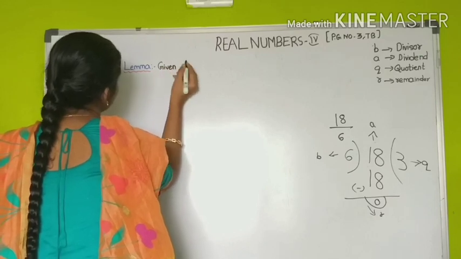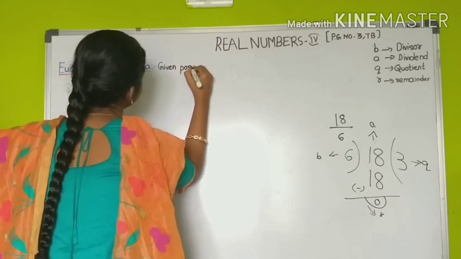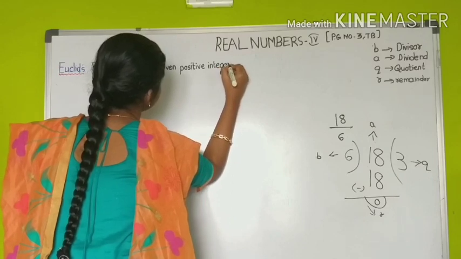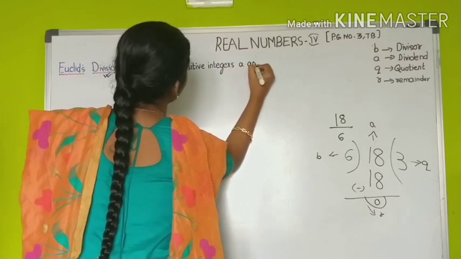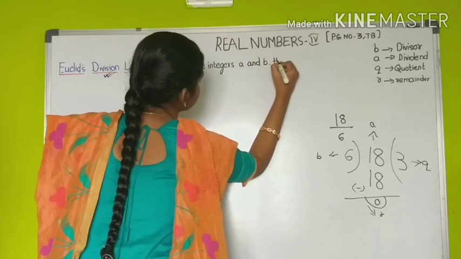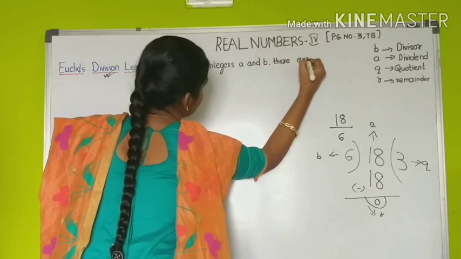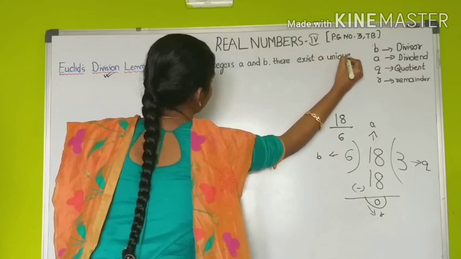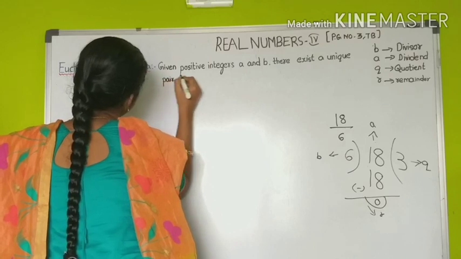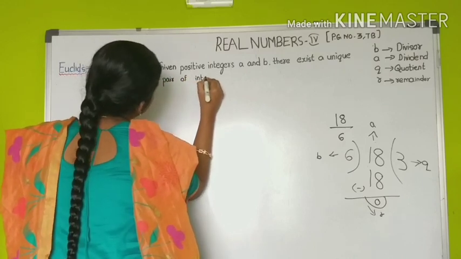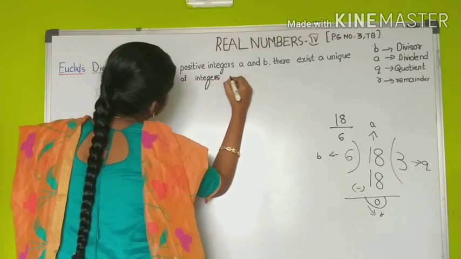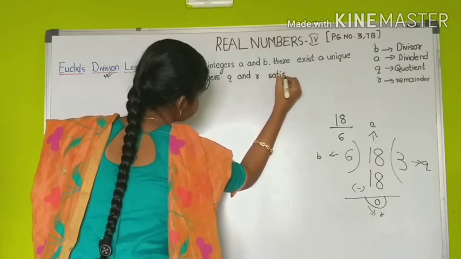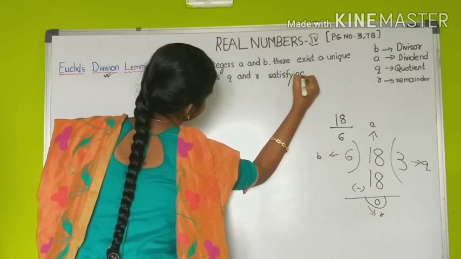Given positive integers a and b, there exists a unique pair of integers q and r satisfying the condition.